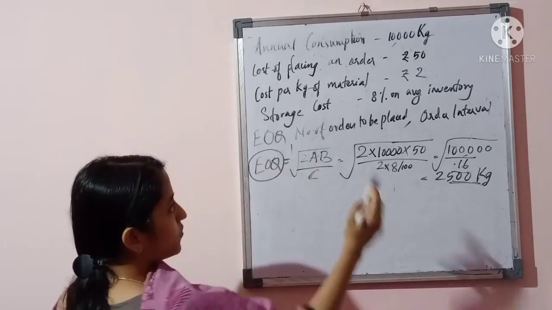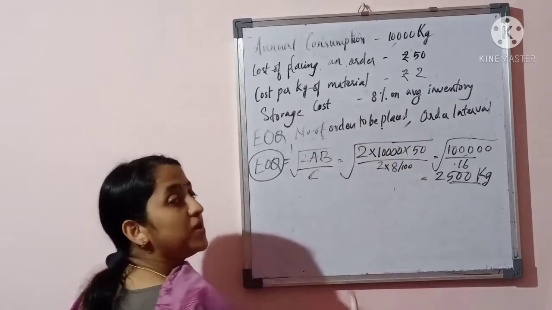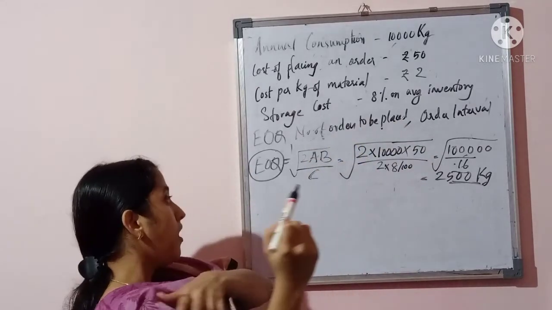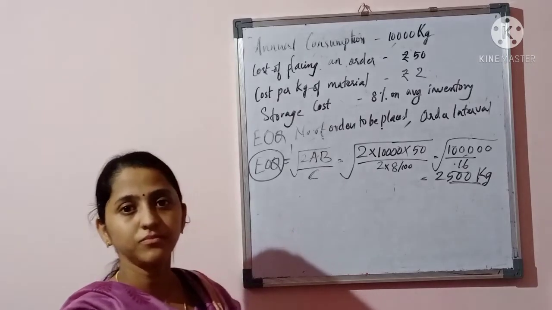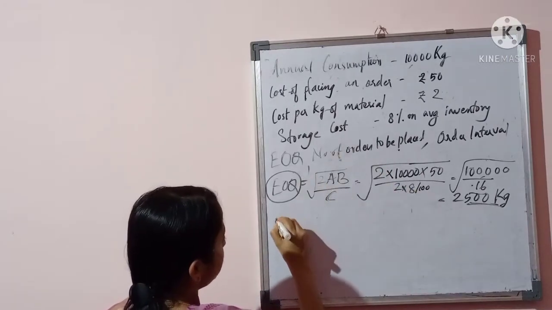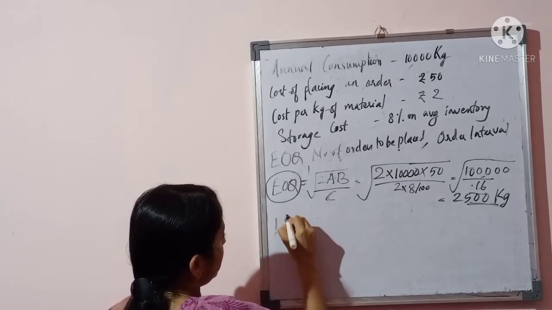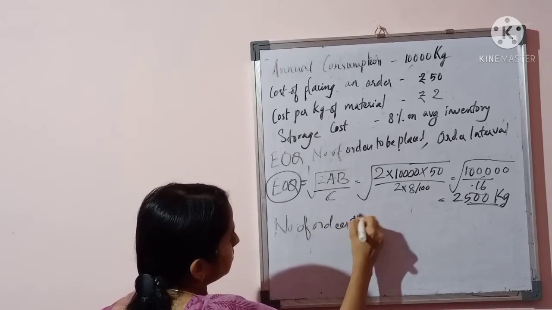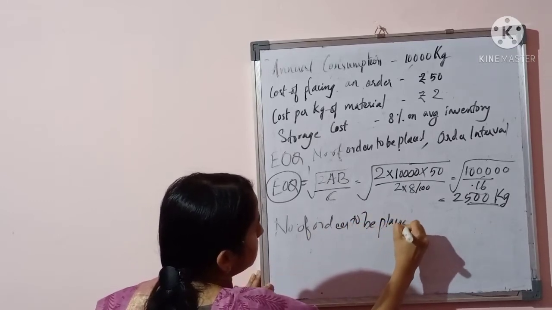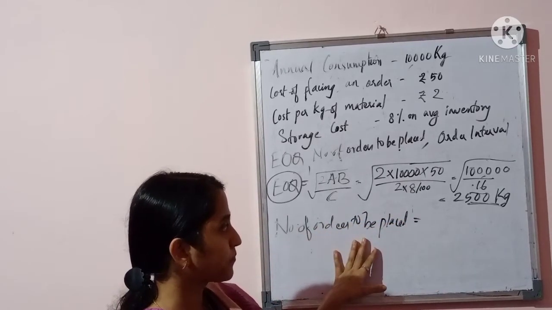Next we have to find out the number of orders to be placed. What is the number of orders we have to place? Second is the number of orders to be placed. What's the formula?